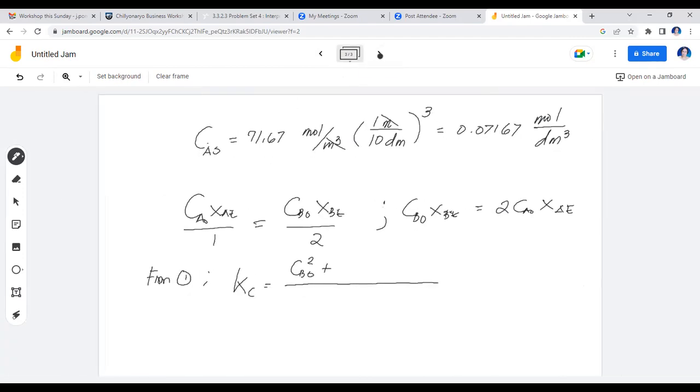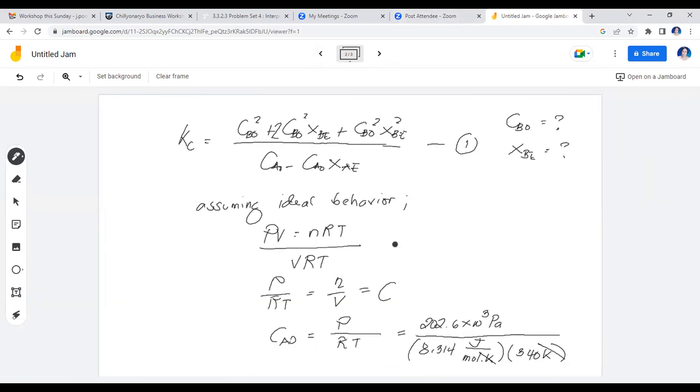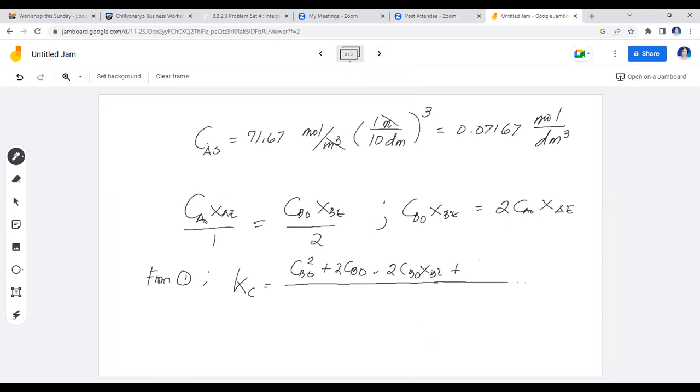So if you write it separately, you will have 2 CBO times 2 CaO XAE. And you have here plus. In the case of the pure CBO XBE squared, that would be replaced by 2 CaO XAE, and that should also be squared.